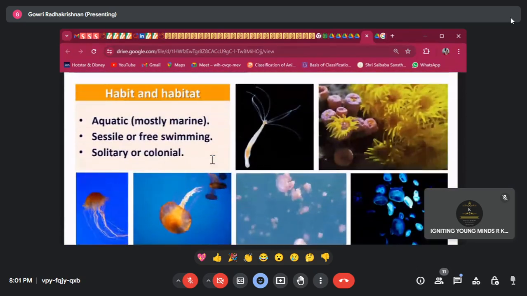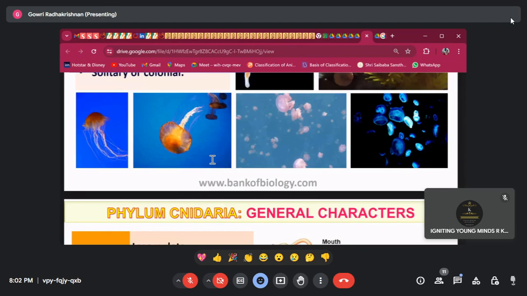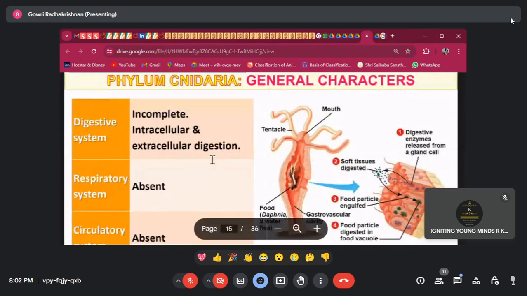Habit and habitat: aquatic, mostly marine. Sessile, or free swimming. It can swim everywhere, even to the deeper parts of the marine water. Solitary or colonial, can stay alone or in a colony.